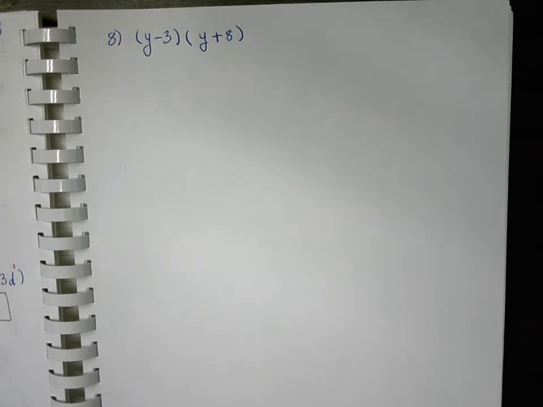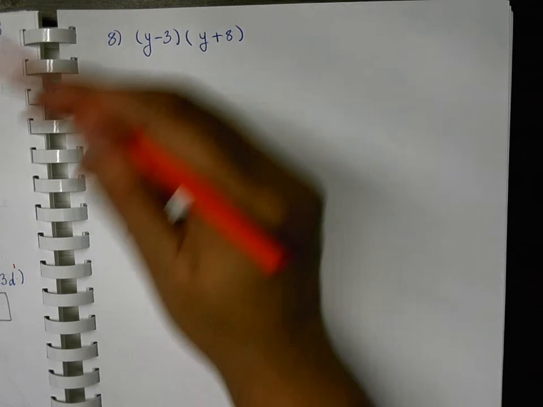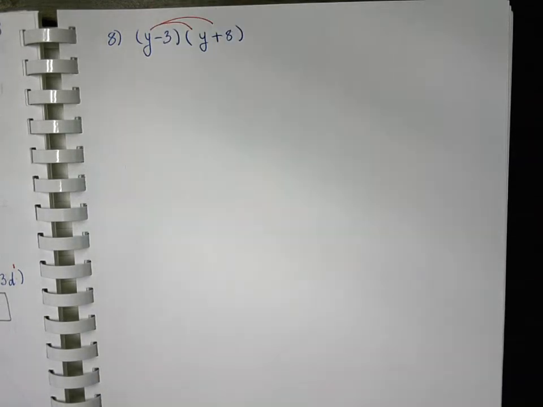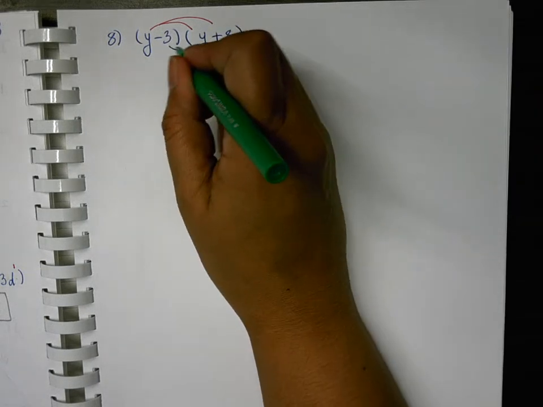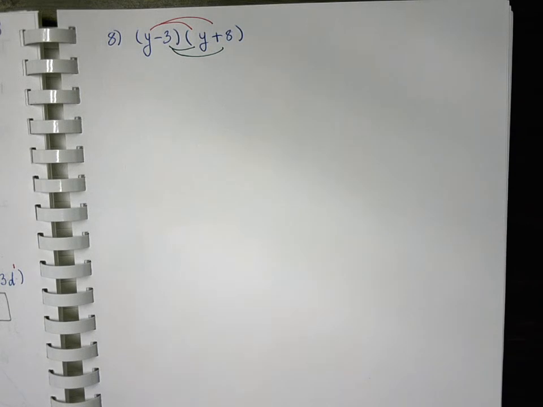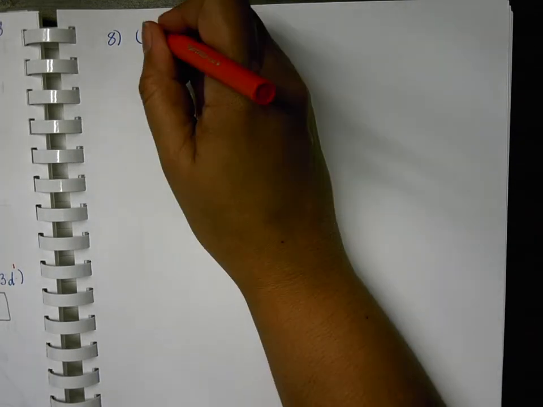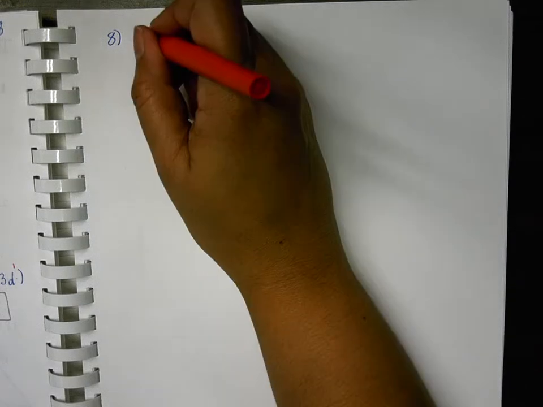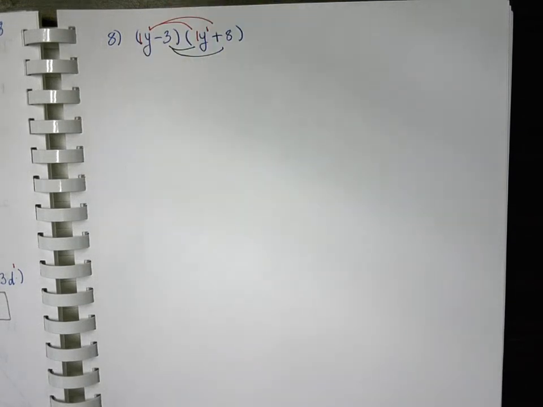Okay, try it. Double distribution. Distribute the y, and then distribute the negative 3. And don't forget to put your 1s in there as well for your powers and your coefficients.